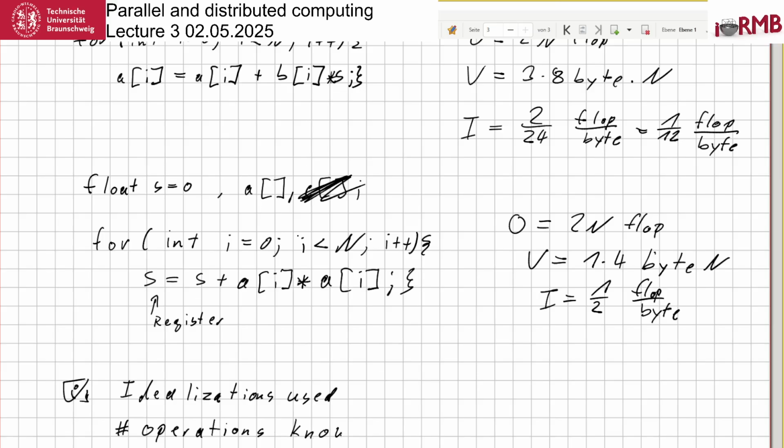You could say we count them, but by just counting them, you assume that there is no merging or splitting of operations by the compiler.